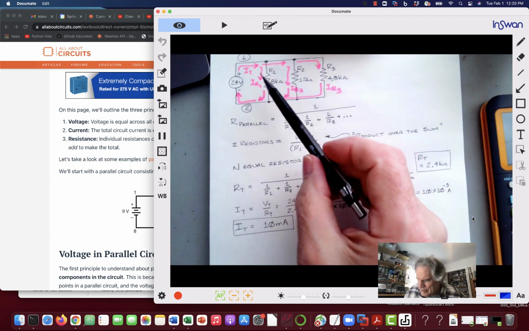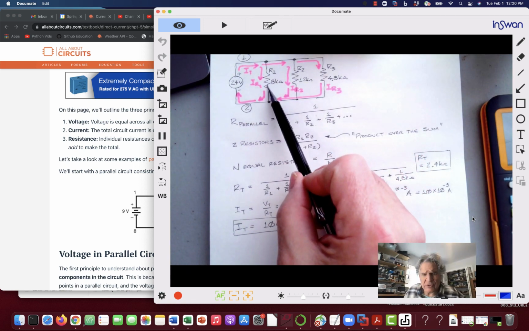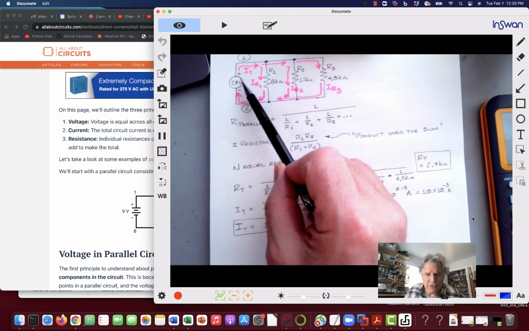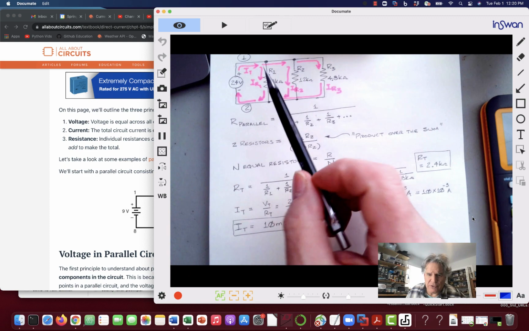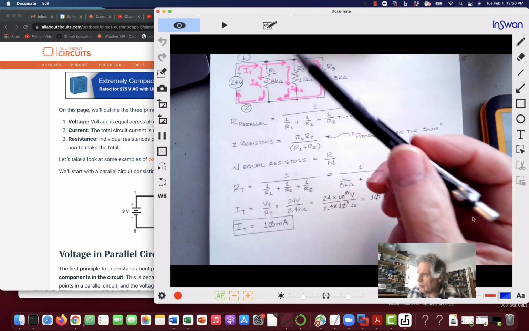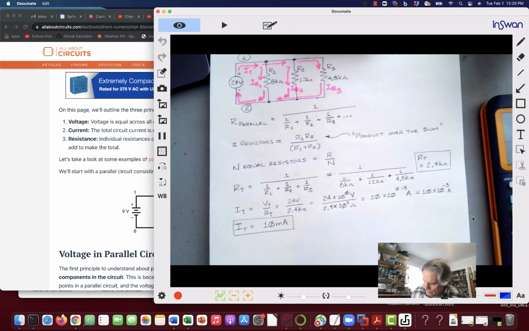Now, if we want the current through these individual resistors, we can just use this one voltage, 24 volts, because every resistor is between the same two nodes, so every resistor must have the same voltage.